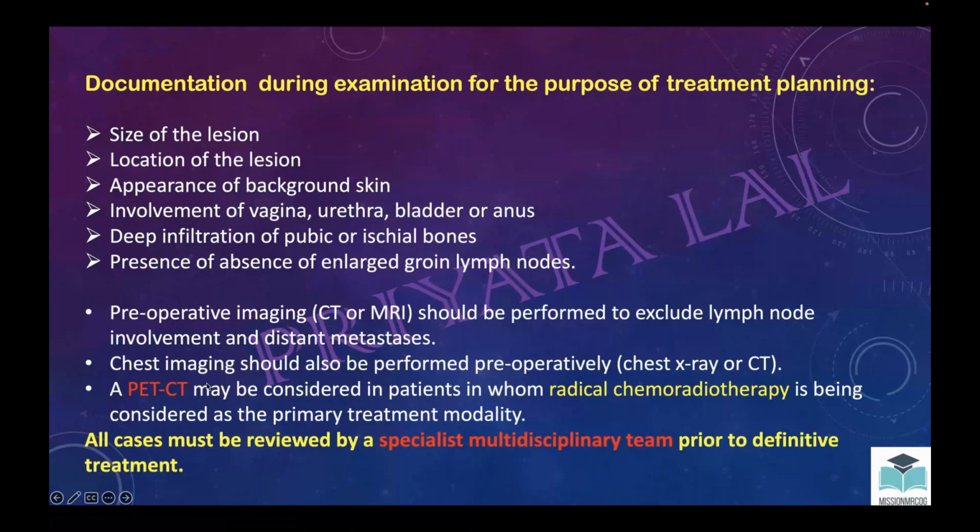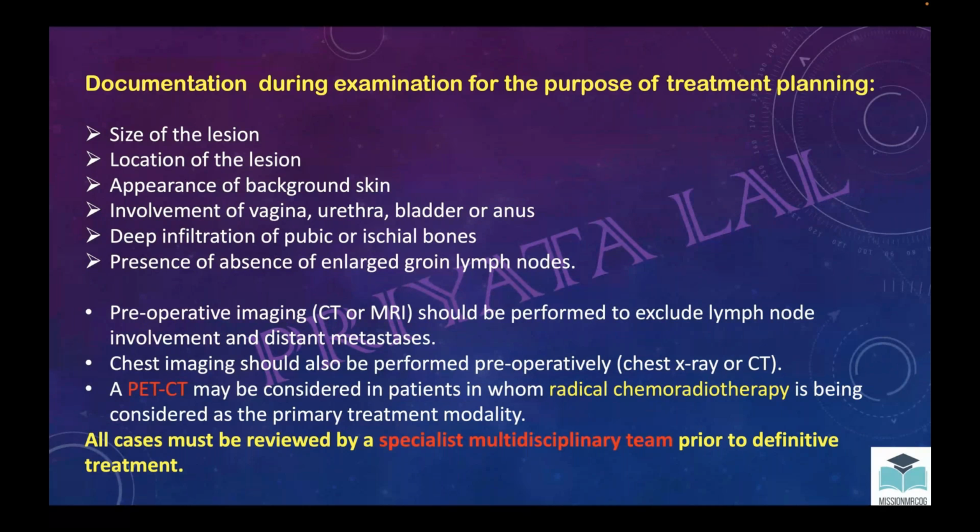either X-ray or CT. PET-CT is done when we are thinking that there could already be advanced disease, and we are thinking of radical chemoradiation as the primary treatment modality. At that time PET-CT to find out the complete metastasis condition would be done.